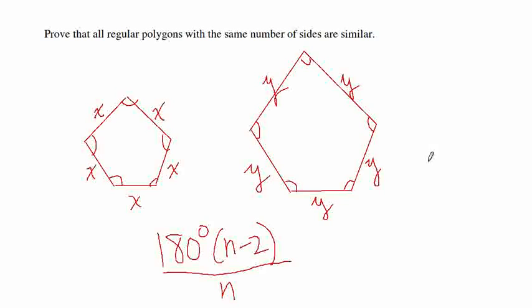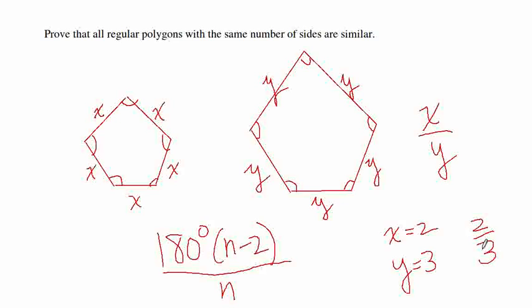So the ratios of corresponding side lengths will all be equal to the fraction x over y. So for example, if x was equal to 2 and y was equal to 3, then all the ratios of the corresponding side lengths would be 2/3. Okay? And so that proves that all regular polygons with the same number of sides are similar.